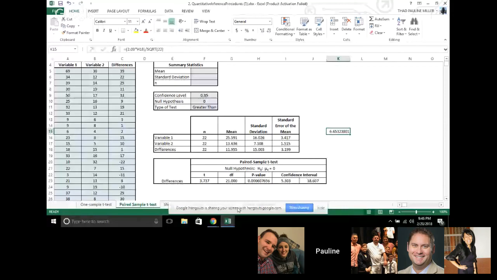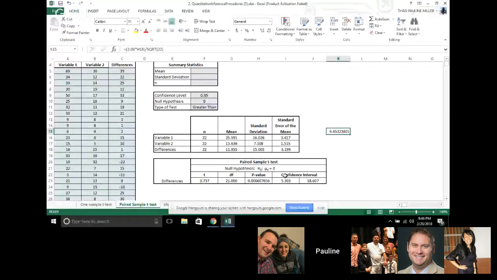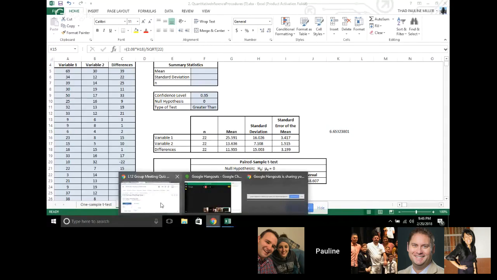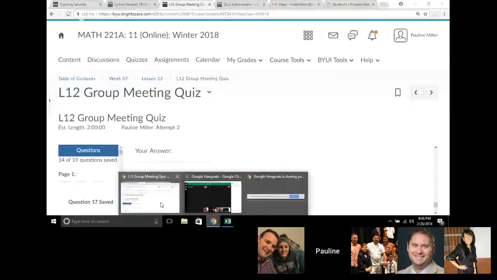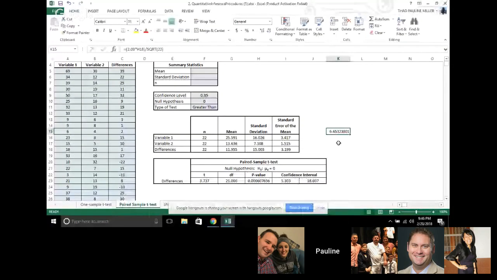So it wants to know what the lower level of the confidence level is now, and so that would be this number right here. Pauline, one more time, what is the formula for the margin of error? I have one right here on one of my flashcards: margin of error m equals z score times standard deviation divided by the square root of n.